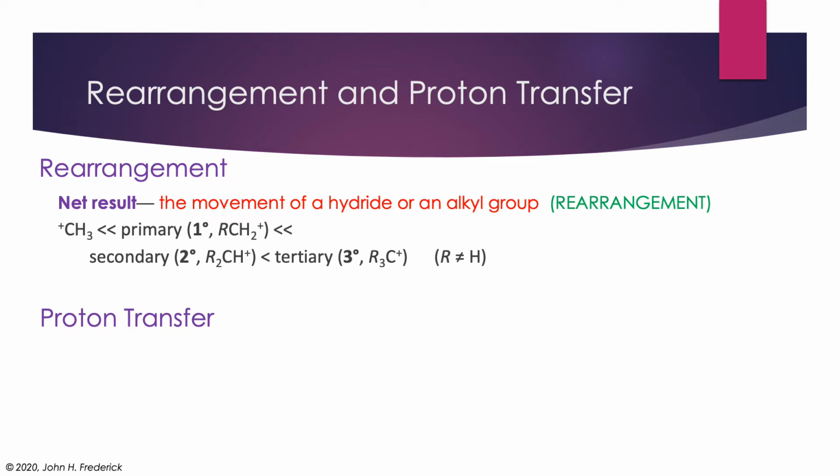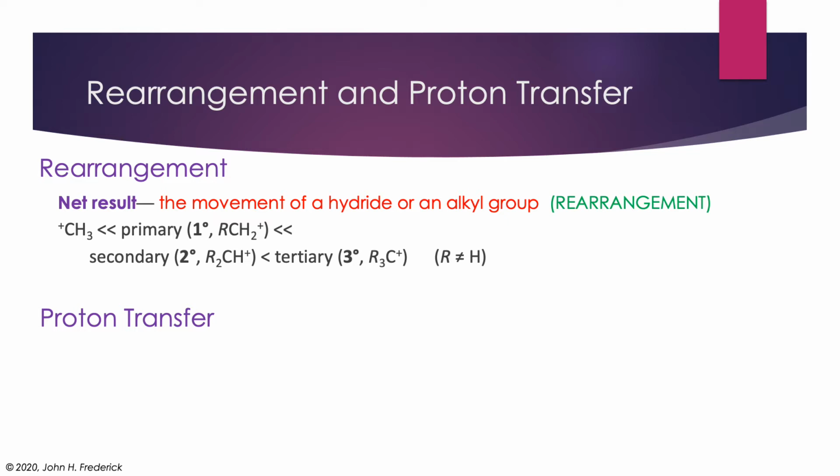The next most stable is the secondary one, where we might have two alkyl groups attached to the carbon and a hydrogen, and again it has a positive charge on that carbon, and we would call that a secondary carbocation. If we remove one of those alkyl groups and replace it with a hydrogen, we would then have a primary carbocation. And finally, if we don't have any alkyl groups, we just have three hydrogens attached, we would call that CH3.